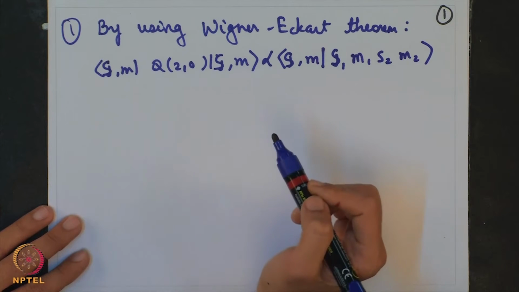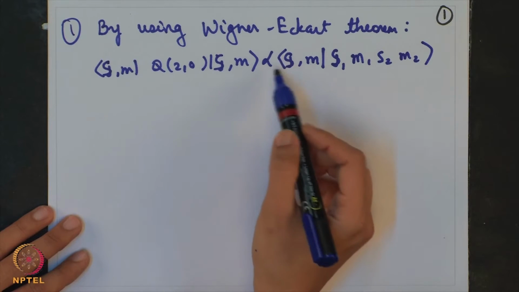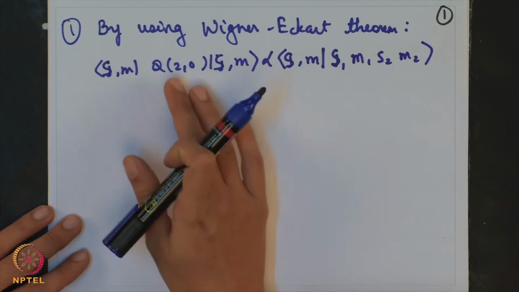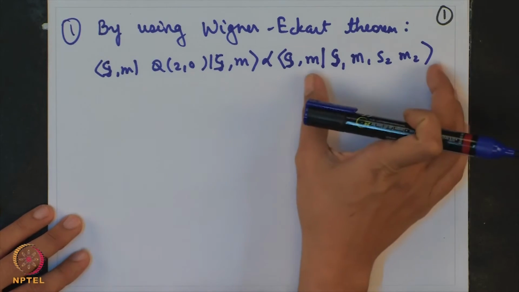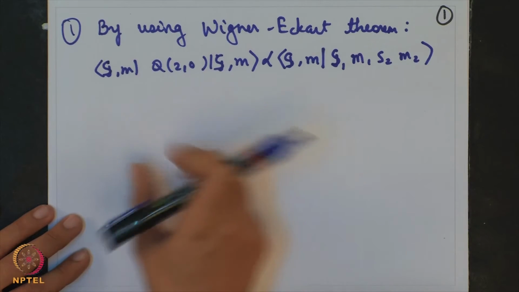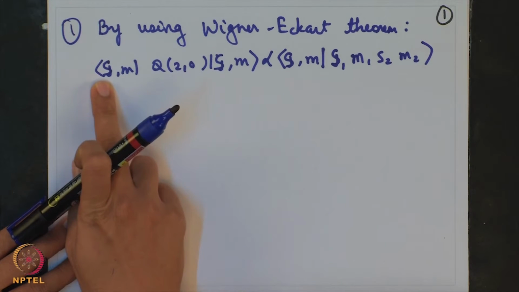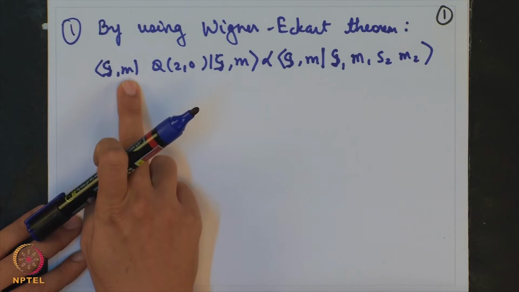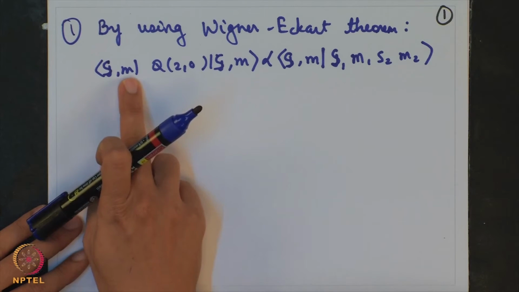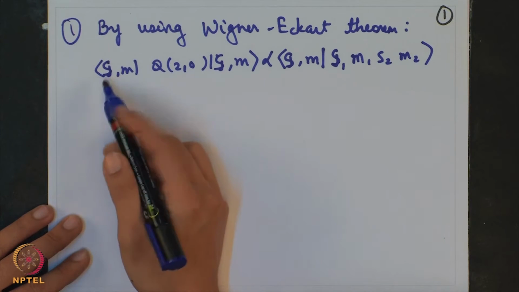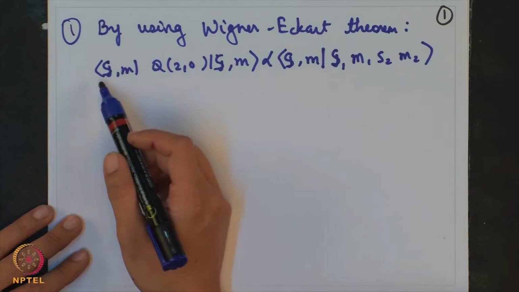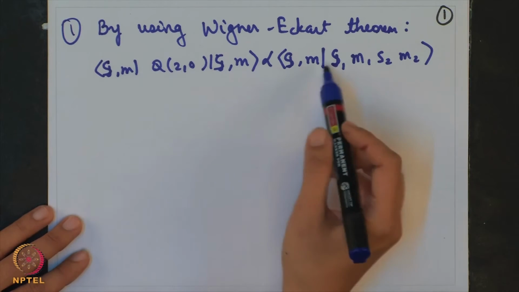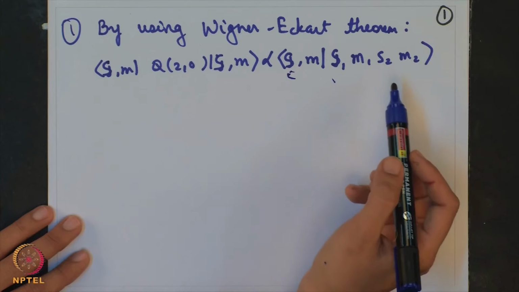So, this proportionality constant is a constant value which you cannot determine from the experiment, but we can find the ratio of the observables and then evaluate the CG coefficient, and correspondingly you can find the ratios for S is equal to 1, m is equal to 0, S is equal to 1, m is equal to minus 1, S is equal to 1, m is equal to 1 and so on. So, you will find the expectation value for 1 minus 1, 1 0 and 1 1. It will be very simple, but you also need to know how to evaluate the CG coefficient.